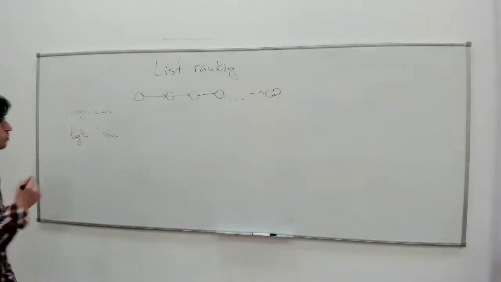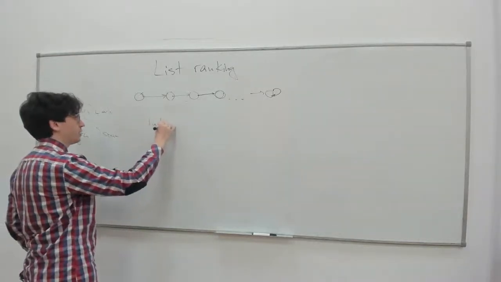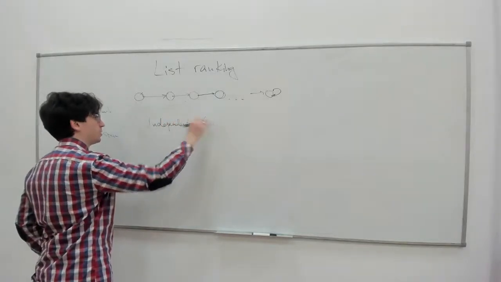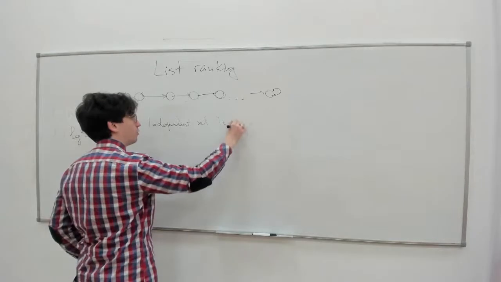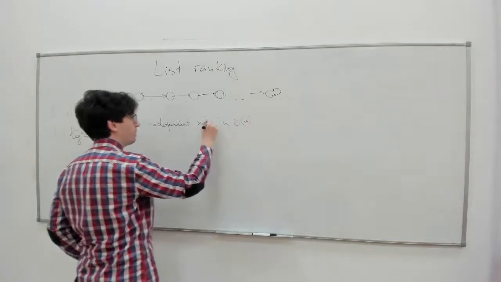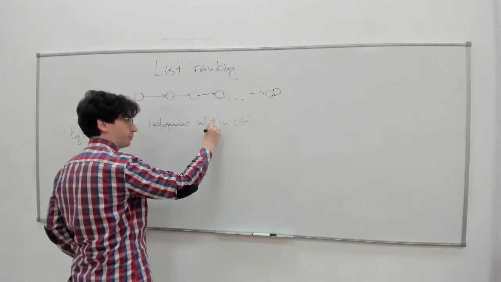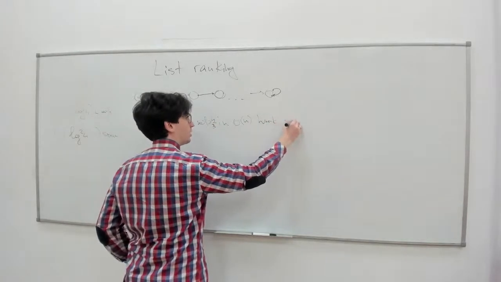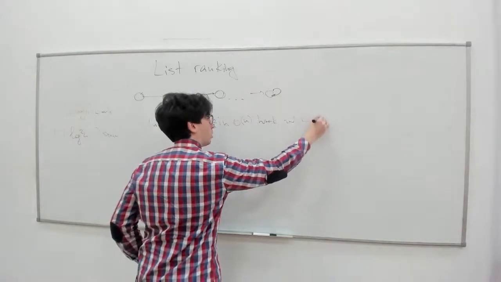So we can find an independent set of size at least n/3 in O(n) work and polylog span.